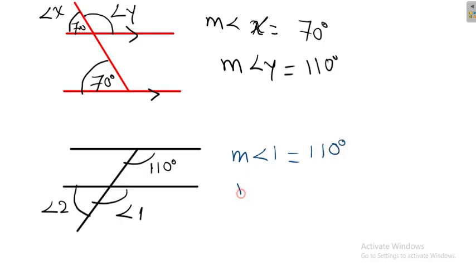Measure of angle 2 equal what? So we forget the parallel signs. Measure of angle 2 equal what? Equal 70 degree. Okay.